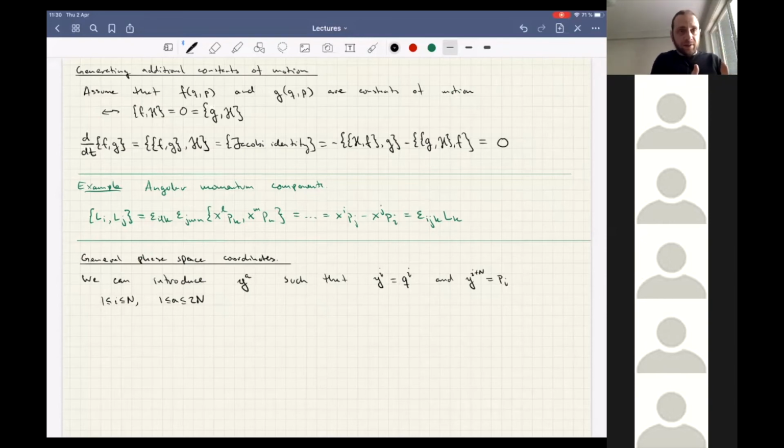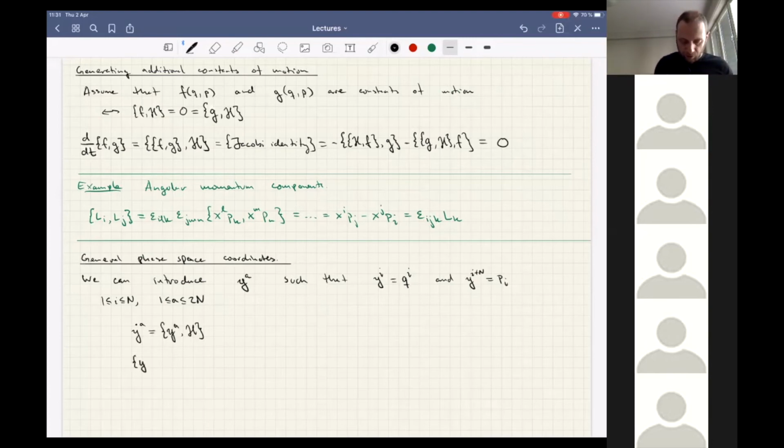Now, in general, since both qi and pi satisfy this general equation of motion, I'm going to have that y dot a is equal to the Poisson commutator of ya with the Hamiltonian. This is true for any function of p's and q's, and in particular, these y's are functions of p's and q's. I can then introduce the commutator between y's.